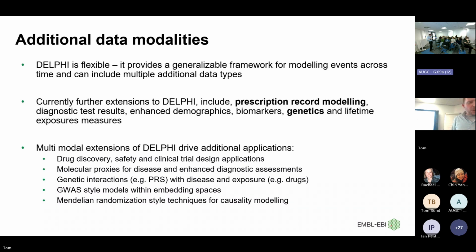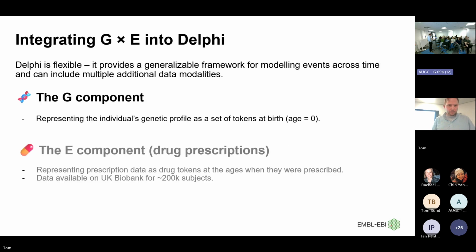We also have done some work which I think is super cool, using these embedding spaces for GWAS style tests. But I'll just walk you through a bit of information about prescription record modeling and also genetics, a very early start of including genetics within the model.